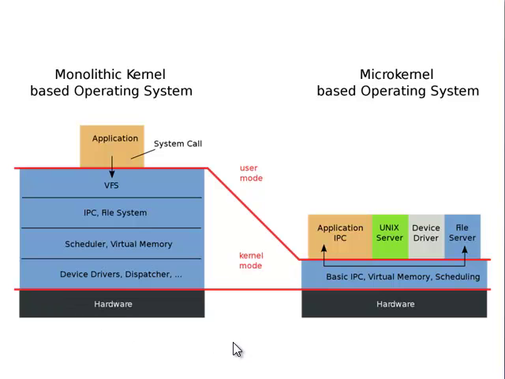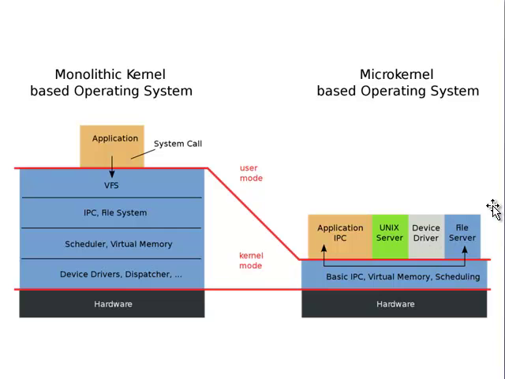A microkernel-based operating system tries to move as much as possible of the features into this user mode space here. So for example, device drivers are no longer part of the kernel. So device drivers now run as if they were other programs being run by the user.